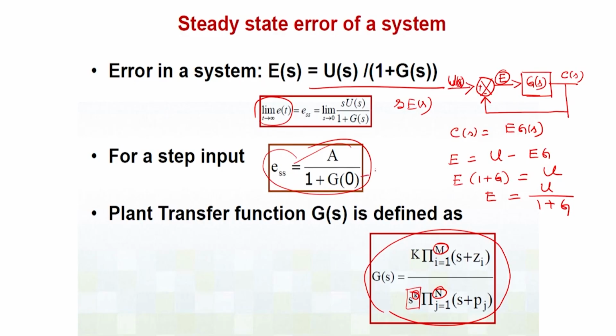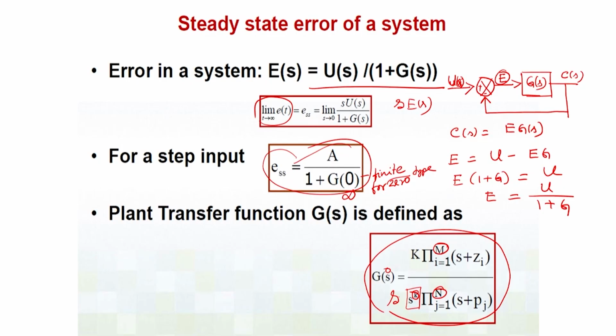So, G(0) will be finite for type 0. So, you are going to get some error in this system. But what if there is at least one pole here? As s tends to 0, G(0), when I am trying to find it out, would become infinity, and that means the error would become 0.